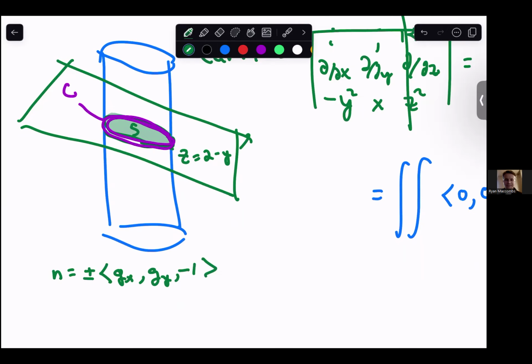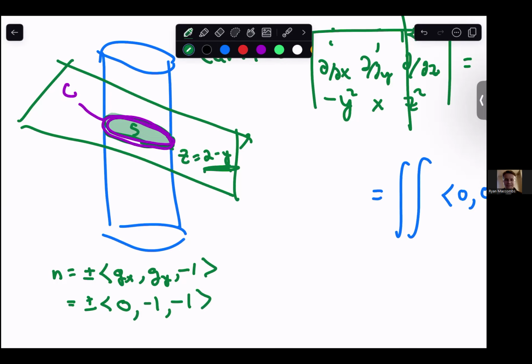So in our case, if I go ahead and take my partial derivatives, I'm just using g's because we've already had a vector field, so maybe I could have used little f here, but well. When I start taking partial derivatives, the partial derivative with respect to x is going to be 0. The partial derivative with respect to y is going to be -1. And we always have that -1 in our z component.